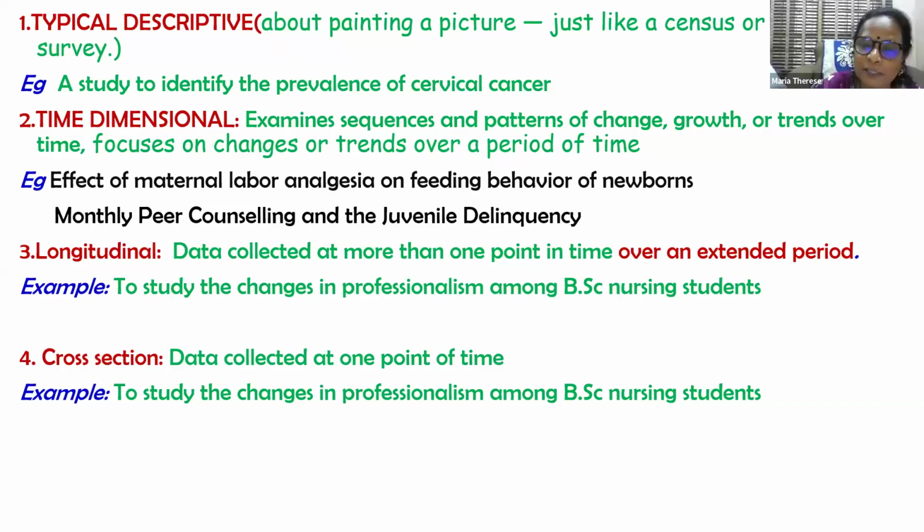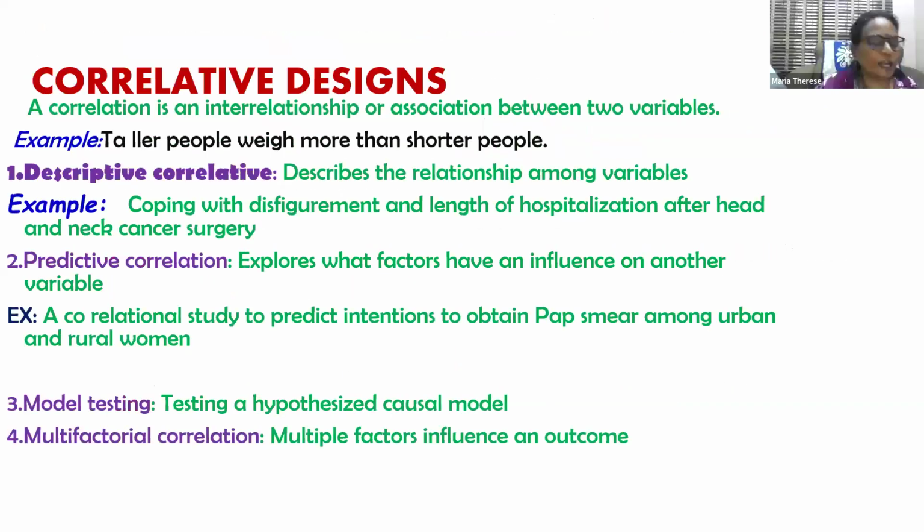And coming to correlational design. What do you make of the name itself? We are relating the interrelationship or association between two variables. So these assess how two variables move together, and they don't prove cause. There is no need to prove the cause, but how they are related with one another.